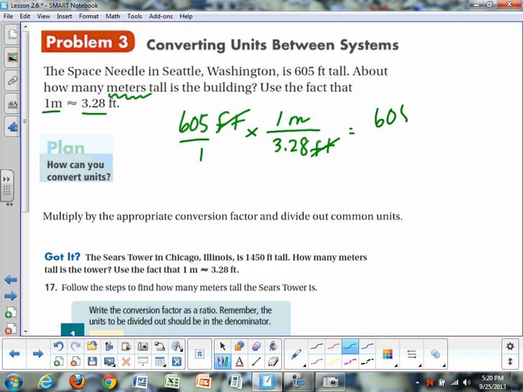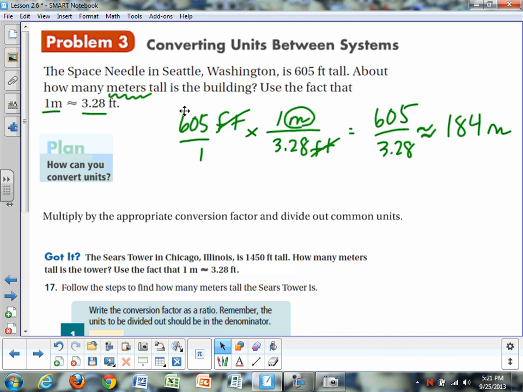So what I need to do is take 605 divided by 3.28. And if I round that, say, to the nearest whole meter, I get about 184. And whatever we didn't cancel is my units left, and that's meters. I'll let you try that.